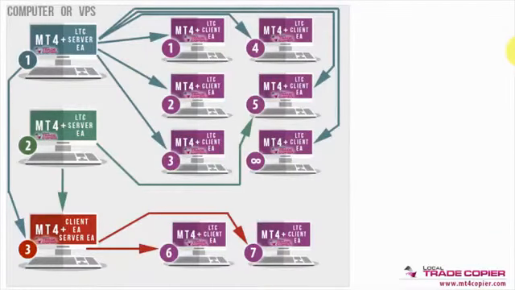Now, it doesn't end there. So we have a computer or a VPS with a lot of MetaTrader accounts copying those. It became quite a complicated setup, so I hope you guys don't get confused by that, but I try to draw this as simply as possible.